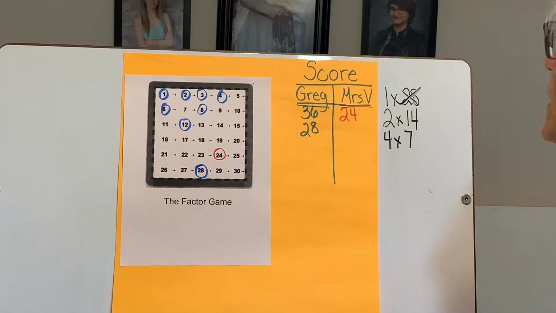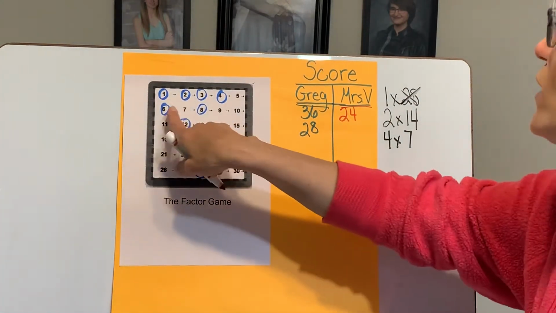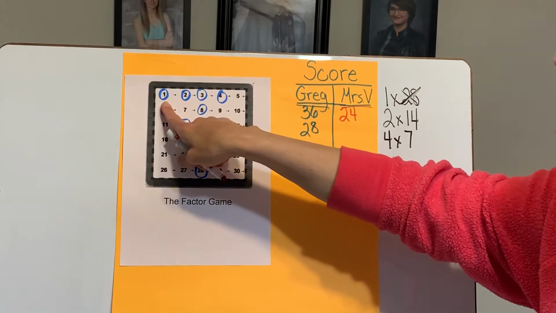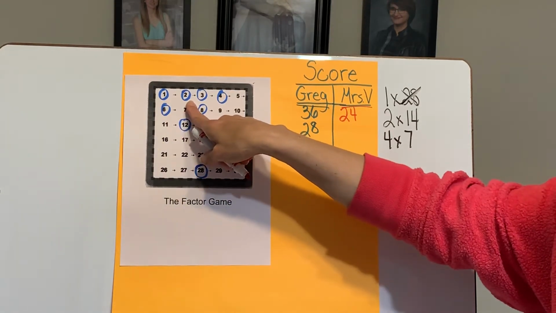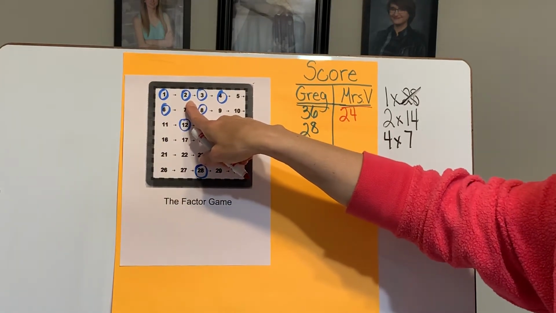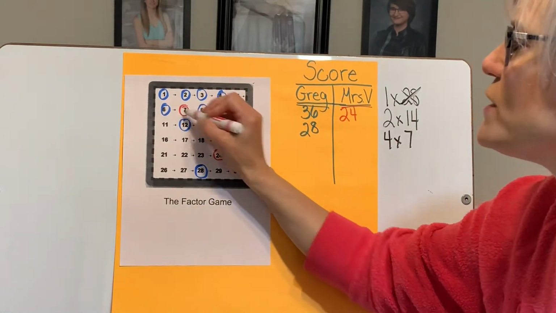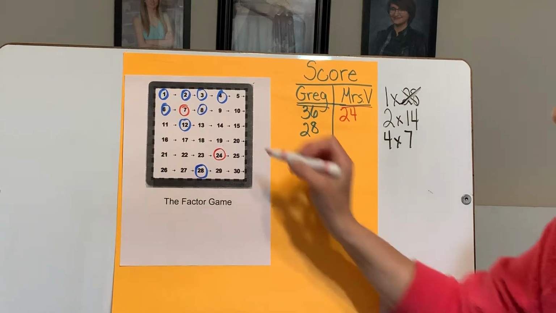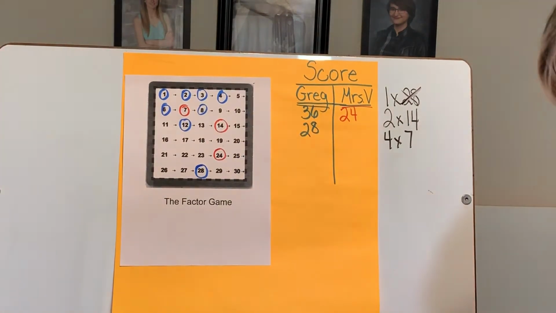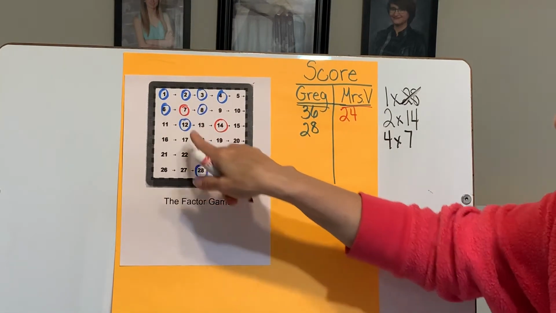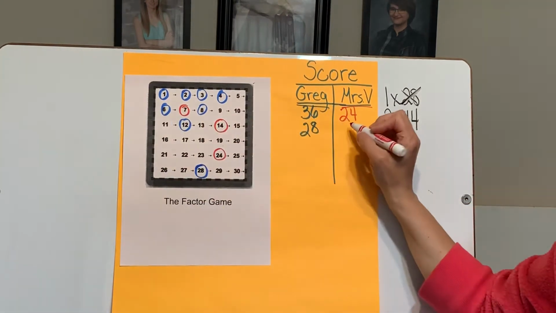So I take my red marker and I circle. I can't circle 1 because it's already circled. I'm just out of luck with that number. I can't circle 2. I can't circle 4. 7 hasn't been circled yet, so I can circle 7, and I can circle 14. So my score then would be, when I add 7 and 14, I get 21.